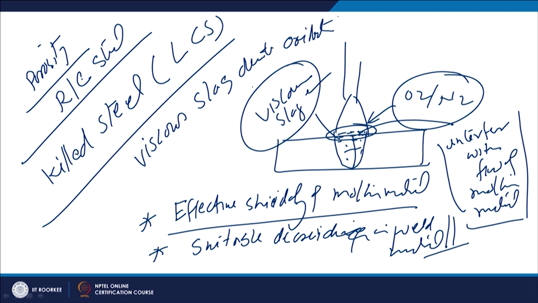So, addition of suitable deoxidizers as well as effective protection helps to avoid the formation of the viscous slag at the top layer of the molten metal, which otherwise adversely affects the flowability and increases the tendency for the defect formation.